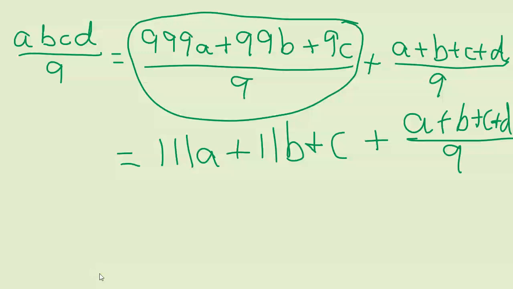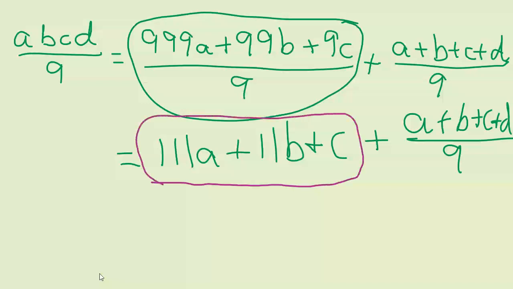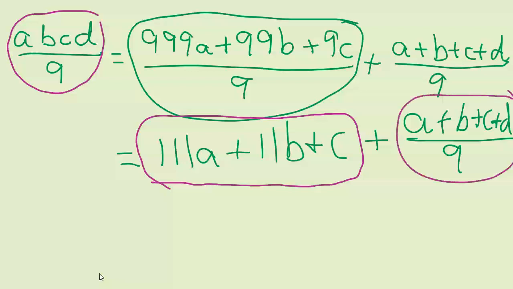And at this point we make exactly the same argument, we have the same line of reasoning as before, and that is that 111A, 11B, and the C are all integers, and therefore the original expression ABCD divided by 9 would be an integer if and only if the final expression A plus B plus C plus D divided by 9 is an integer.